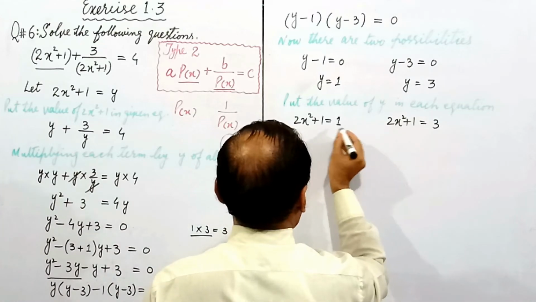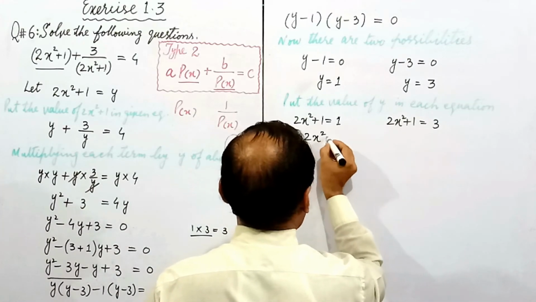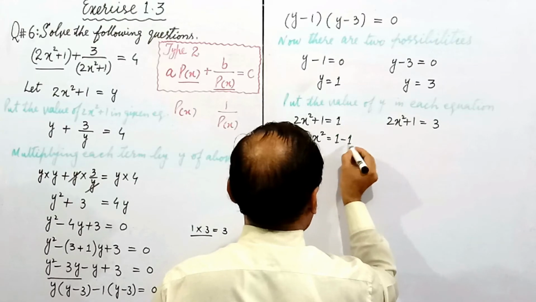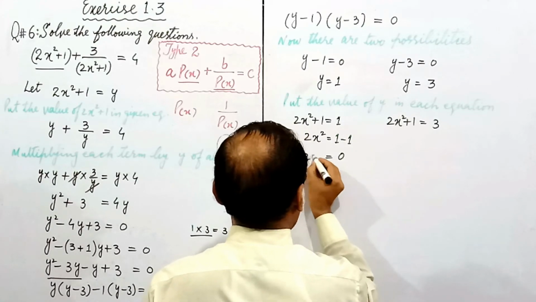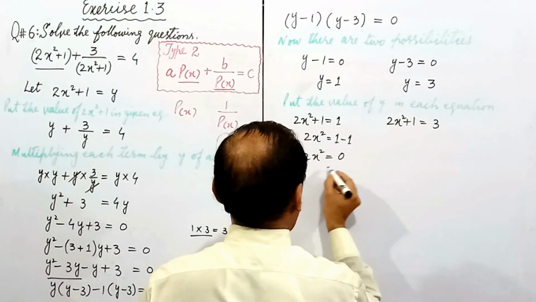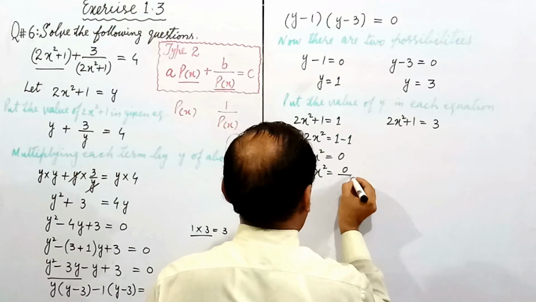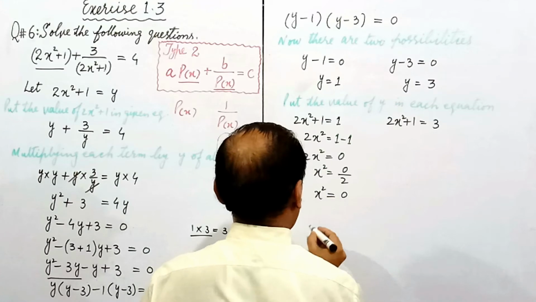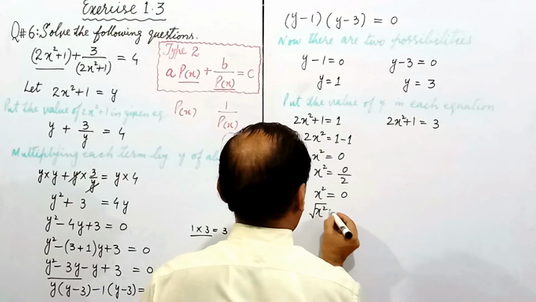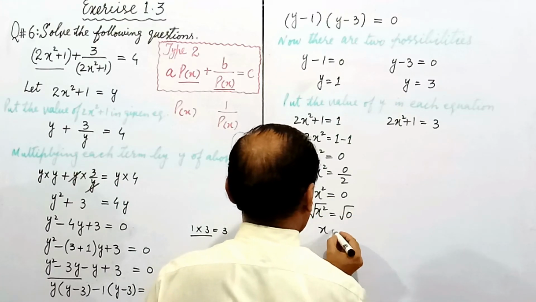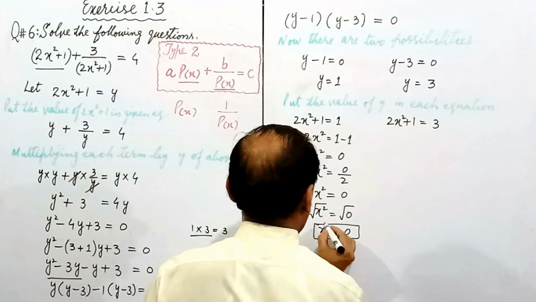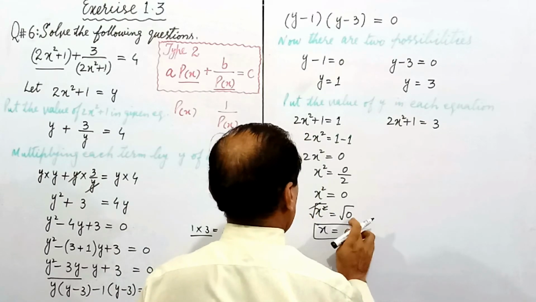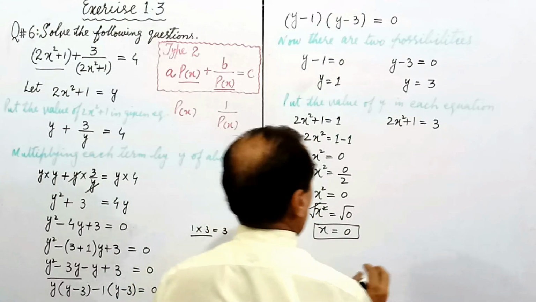We take 1 to the right hand side, we have 2x square is equal to 1 minus 1 equal to 0. When 2 is taken to the right hand side, x square is equal to 0 divided by 2, we have 0. Taking square root of both sides, we have x is equal to 0, as the square is cancelled by square root and the square root of 0 is 0.